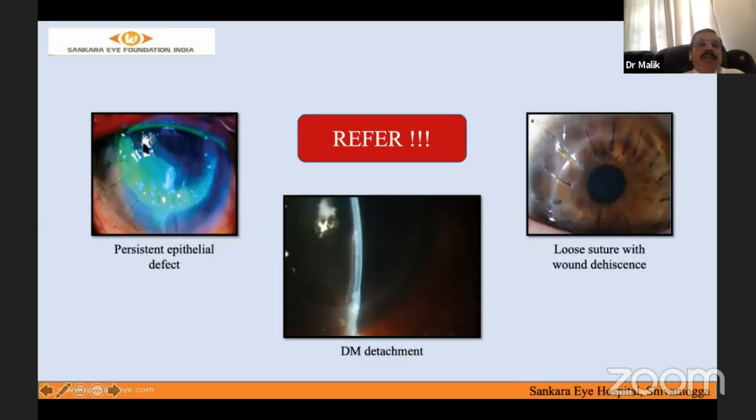Also in conditions like persistent epithelial defect and following trauma, if there is a dehiscence of the graft host junction, and if there is a small detachment or a complete detachment of the Descemet membrane, which has caused the pseudo anterior chamber, these patients should be referred immediately for management.